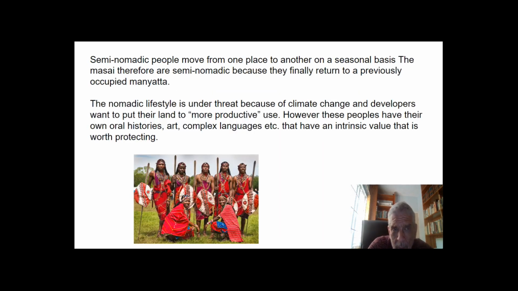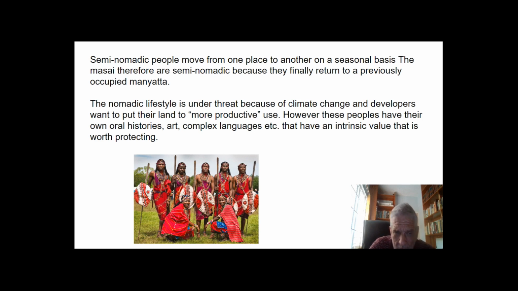So semi-nomadic people move from one place to another on a seasonal basis. The Maasai, therefore, are semi-nomadic because they return to previously occupied Manyata, and Manyata is the little village in which they live, and they have a large number of different bomas in the Manyata.